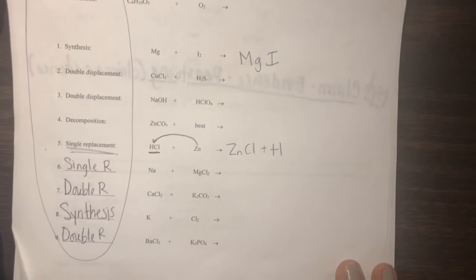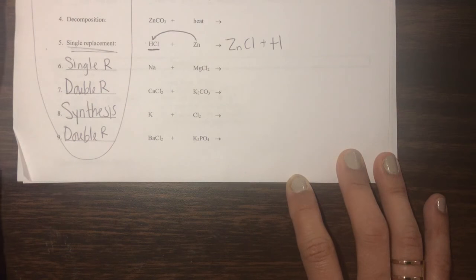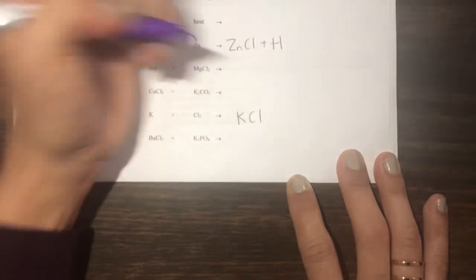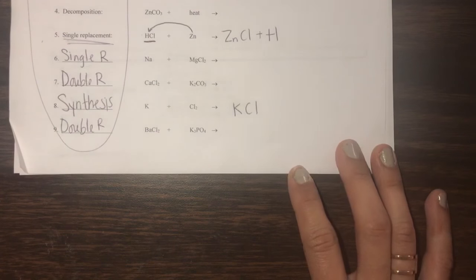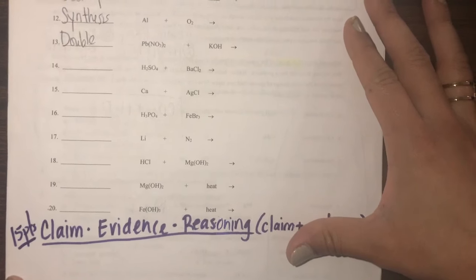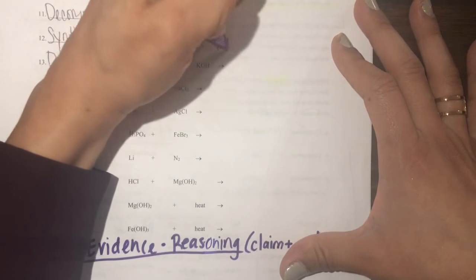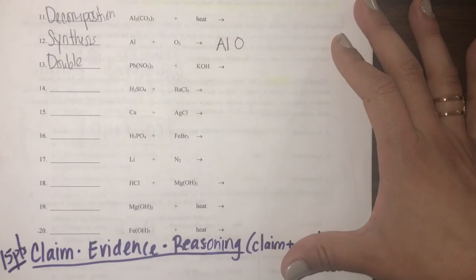So the next one is number 8. Synthesis is bringing them together. I'm going to flip, and any synthesis I have, I'm just going to bring them together. See number 12. We will go back and balance.